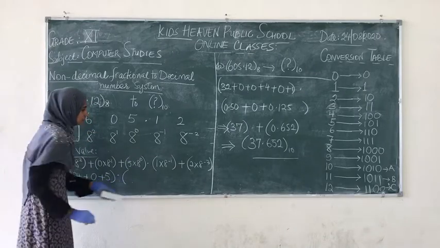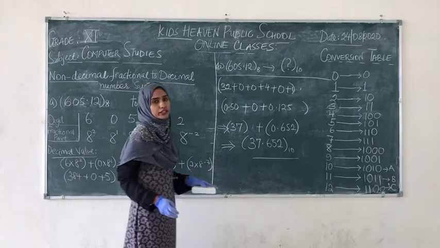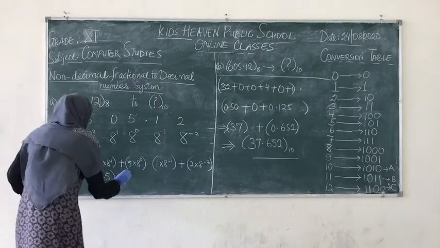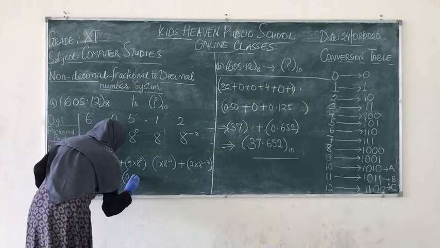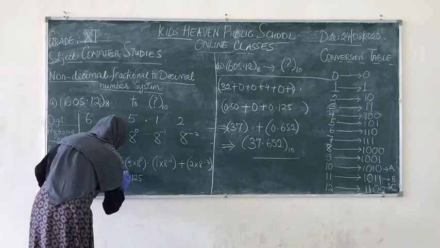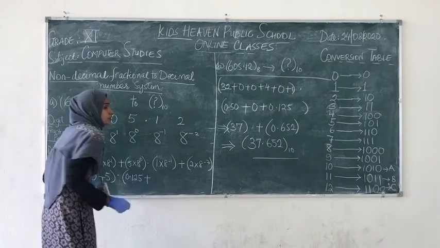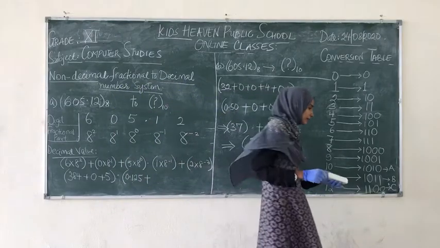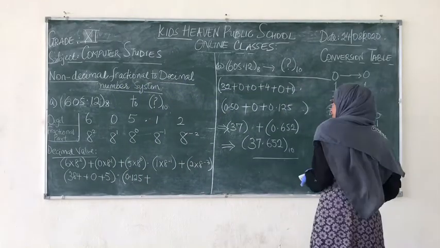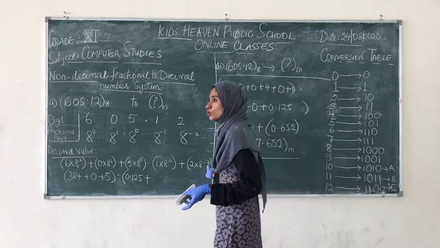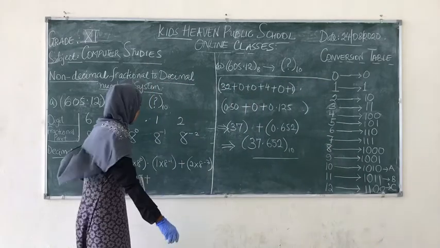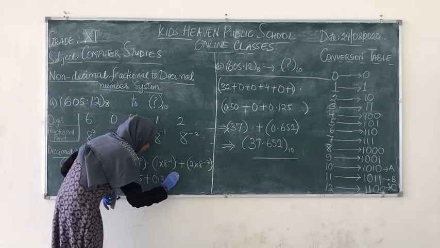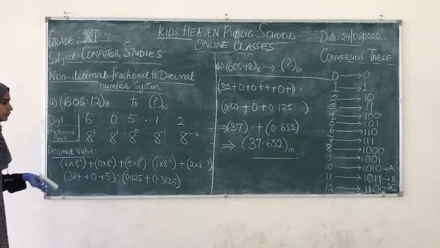We have our point, 8 to the power of -1, which is 1 upon 8, which is 0.125. You see, whenever you are converting exponential values with a negative, you have a 1 upon that number during the conversion. Now we have 8 to power -2, which is 1 upon 64, and that will be 0.3125. We have these additions.